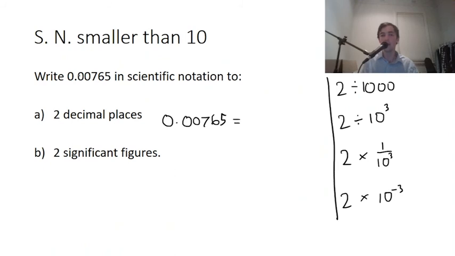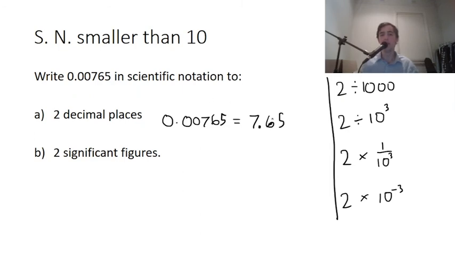We've got to write the first non-zero number on the left, which is 7. And then we have to write a decimal point. Then we need to write as many decimal places as we need to, which is 2. And now hopefully you can see that I haven't lost any information.